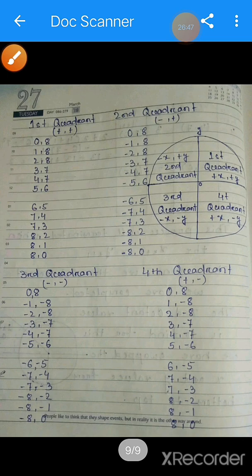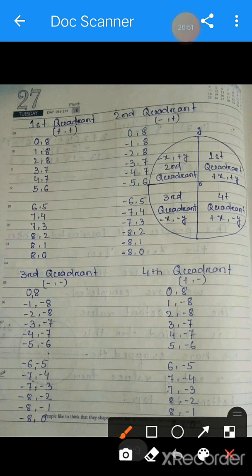In the next page, this is the first octant, starting at 0 comma 8: x value is 0, y value is 8, radius is 8. Then in the next iterations we get 1 comma 8, 2 comma 8, 3 comma 7, 4 comma 7, 5 comma 6. This is your first octant.